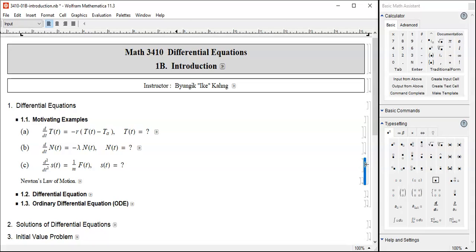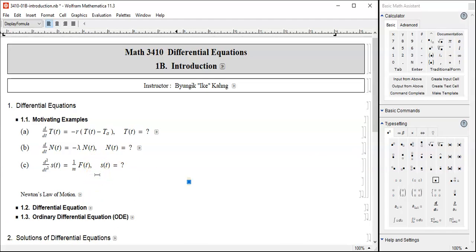Next example, that too came from Newton, Newton's law of motion. As a matter of fact, another famous way is F equals ma, where a is the acceleration. So that depends upon time. And F is force. So mass times second derivative of linear position. First derivative is velocity, second derivative is acceleration.